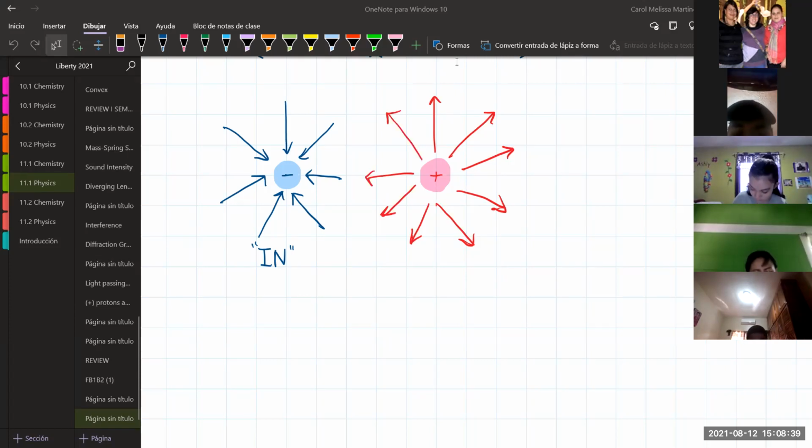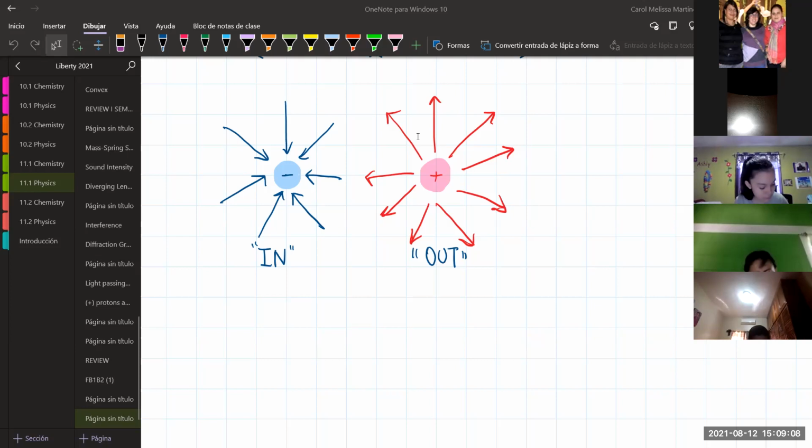Now, from this, we're going to apply this principle that in negative, the field goes in, and in positive, it goes out. That's the main difference between the two kinds of charges. They go in different directions everywhere.